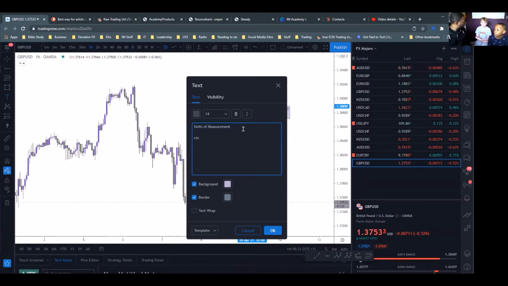What unit of measurement is centimeters? It measures how long something is, which is a measurement of length. So the unit of measurement for length is centimeters, right?